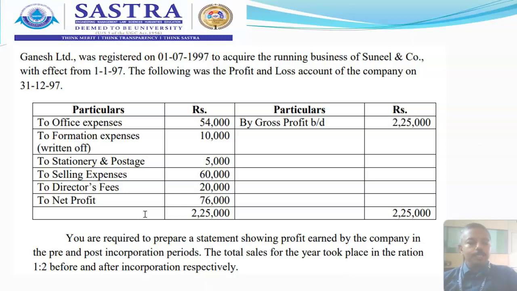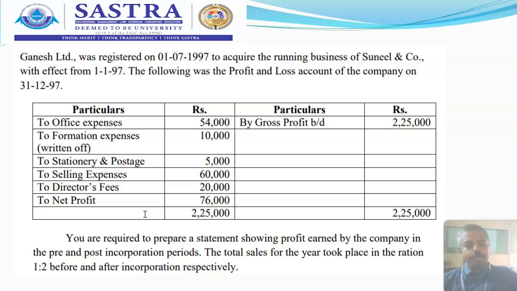So are we going to make those office expenses based on time or based on sales? Allocation will not happen, because the office expenses used to be carried over a period of time. It's not only for pre-incorporation or only for post-incorporation. Hence we need to say either time ratio or sales ratio.